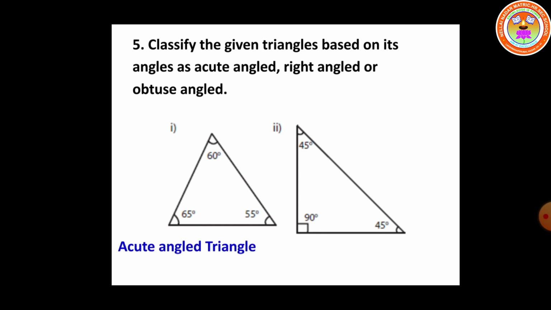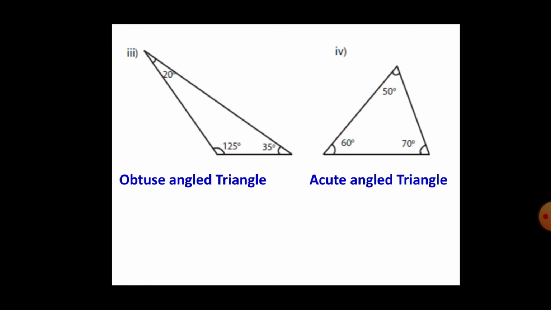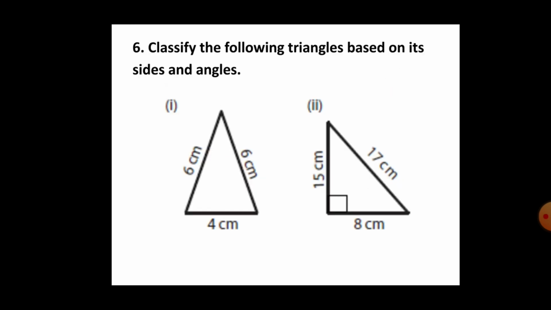So acute angled triangle. See the second one, one of the angle is 90 degree. So right angled triangle. Next one, one of the angle is 125 degree, greater than 90 degree. Therefore, obtuse angled triangle. See the fourth one, all the angles are less than 90 degree. Therefore, acute angled triangle.